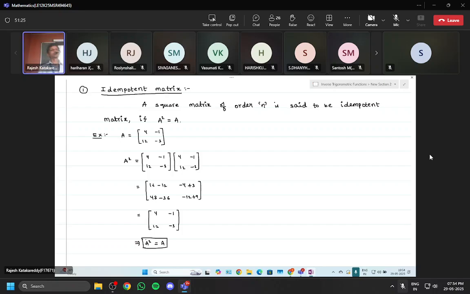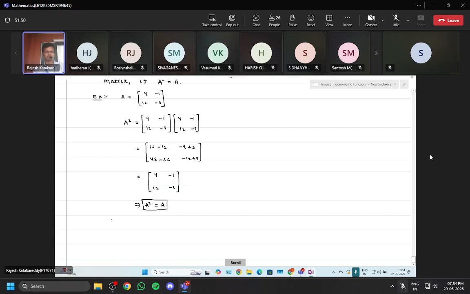Next, all properties we write at the end. Second type we will go. Second type is involutory matrix. Copy this one and put that in involutory matrix. Second type in this is involutory matrix.